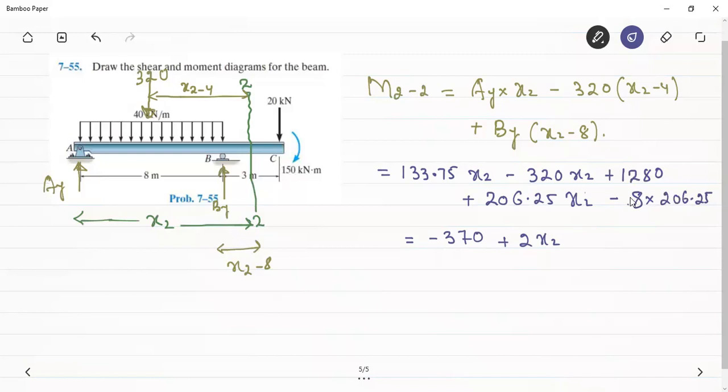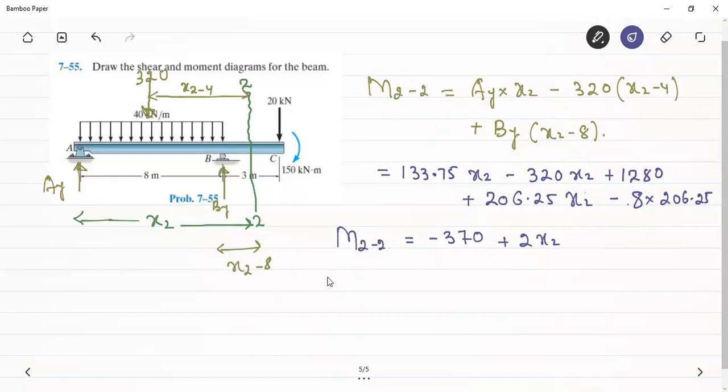And this equation will get simplified to minus 370 plus 2x2. So this will give us the bending moment at any section between B and C.